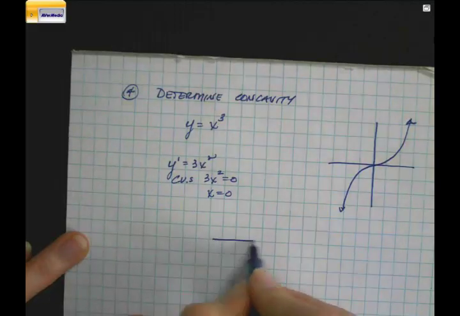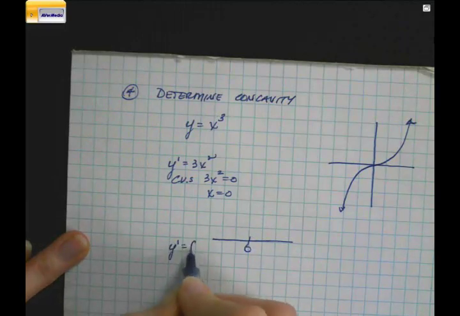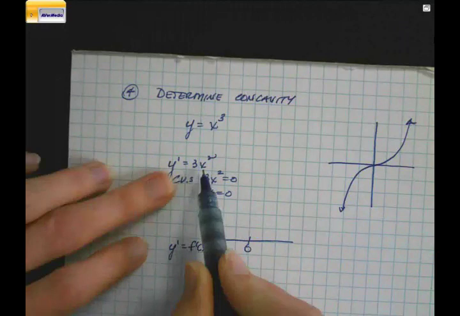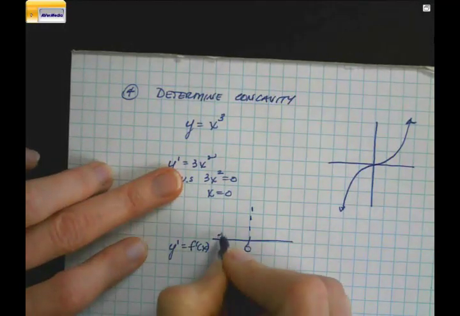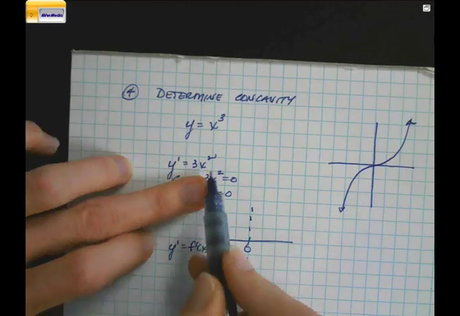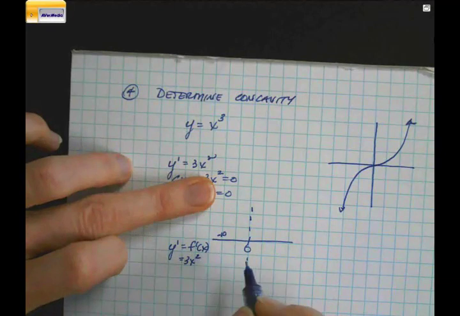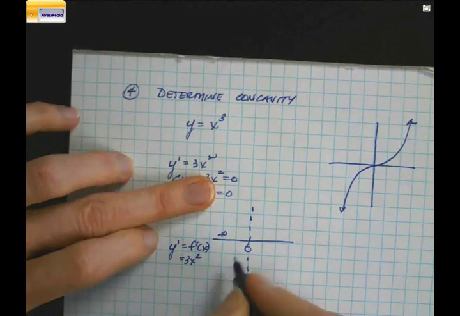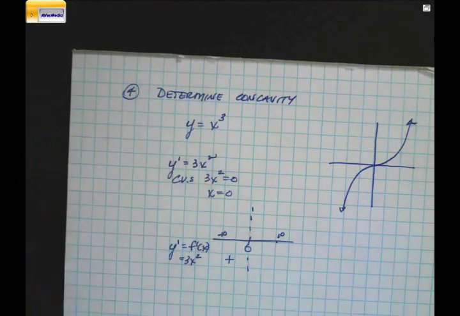So if I do a sign chart on the first derivative, I put 0 in here, and I look at y prime, which is f prime of x, on 3x squared. If I did a test point of negative 10, then 3x squared would be 3 times a negative 10 squared, which is 3 times 100, which is positive. If I picked a test point of 10, 3x squared would be 3 times 10 squared, which is 3 times 100, which is still positive.